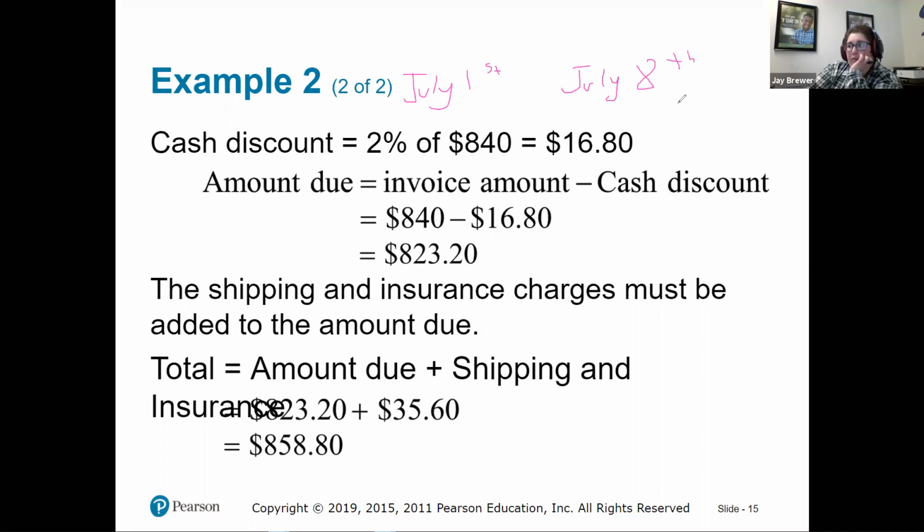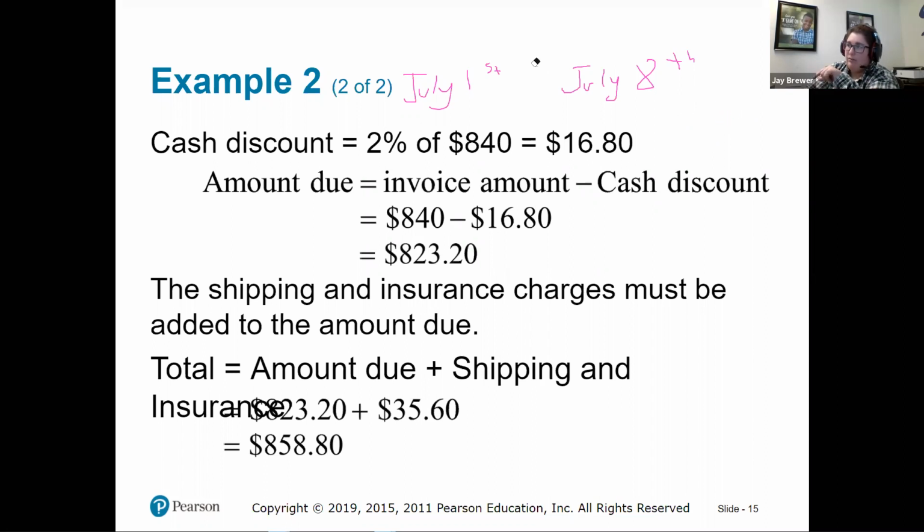We were told that they get a 2 and 10. So that means that they get 2% off if they pay within the first 10 days. But that's not what we're used to seeing. We're used to seeing 2% and then 10%, right? So we have to kind of ignore that right now.